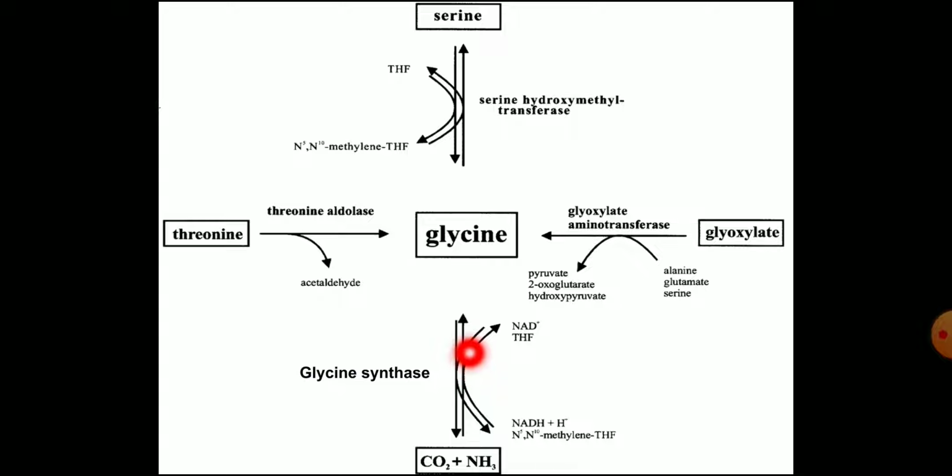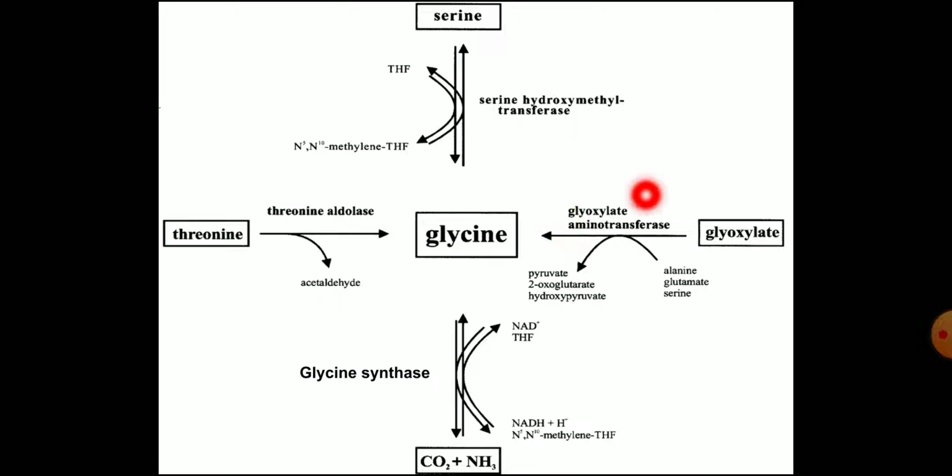It is forming glycine by the enzyme glycine synthase. Here again NADH plus H is utilized, and N5,N10 methylene tetrahydrofolic acid is utilized to form NAD, tetrahydrofolic acid and glycine. So here carbon dioxide plus ammonia, with the help of glycine synthase enzyme, glycine is formed.